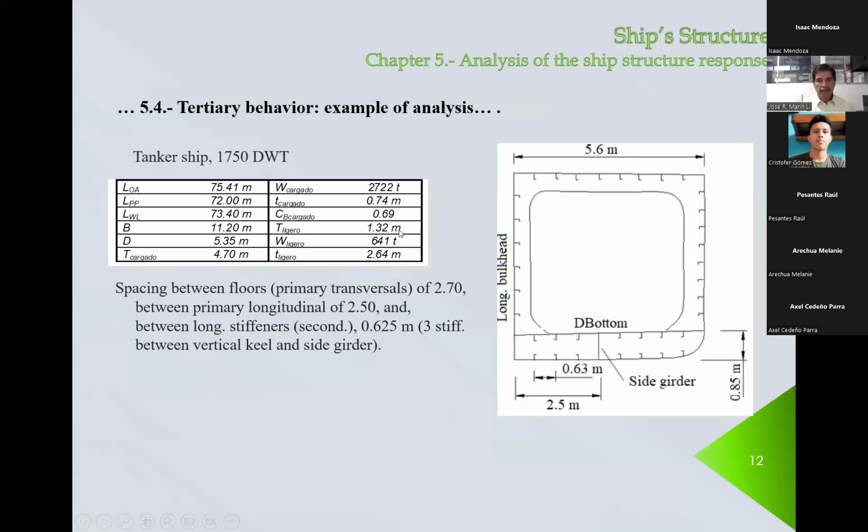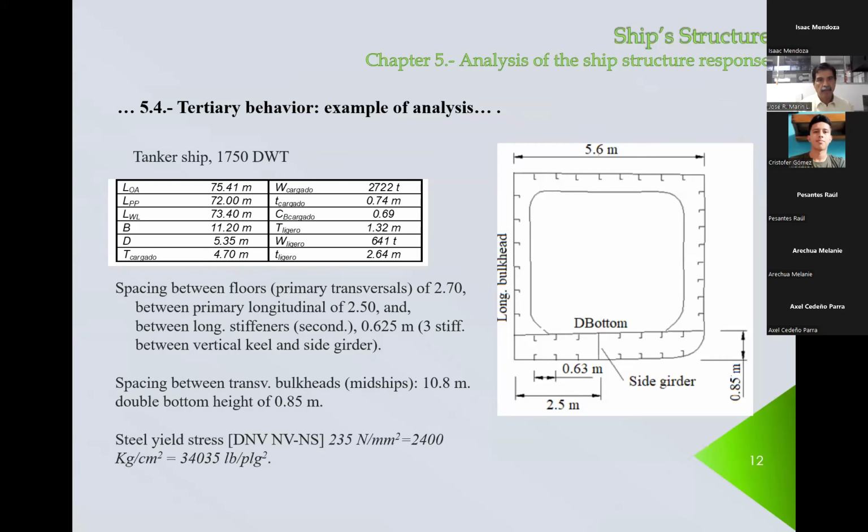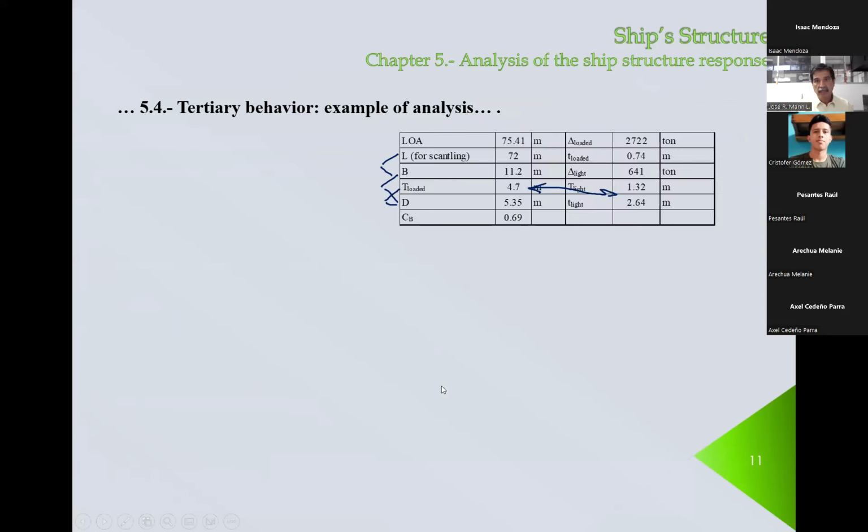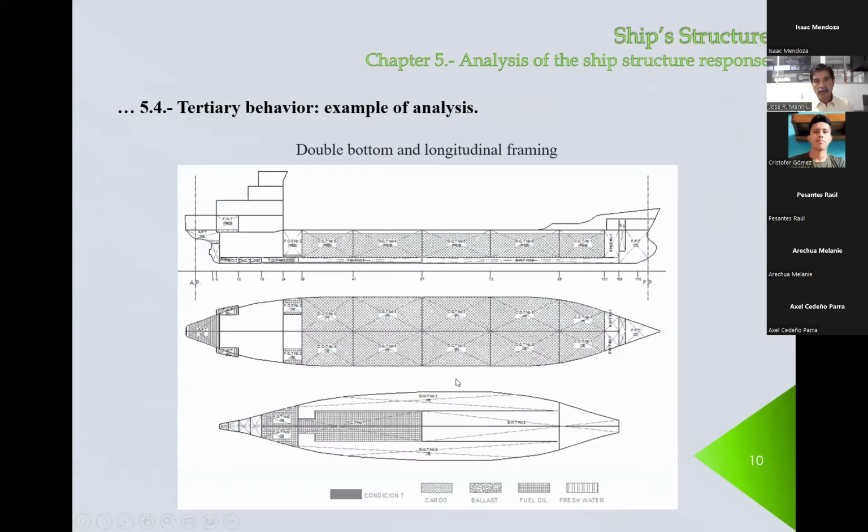So here we have the main structure, and we have the spacings. In this case, the distance between two bulkheads, you can read here, is 10.8. That's the distance from here to here, 10.8.